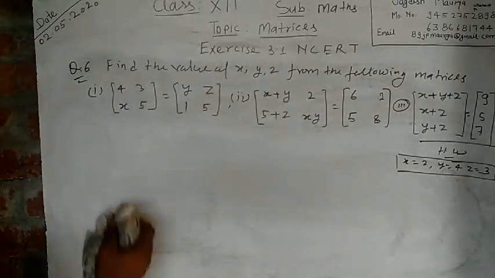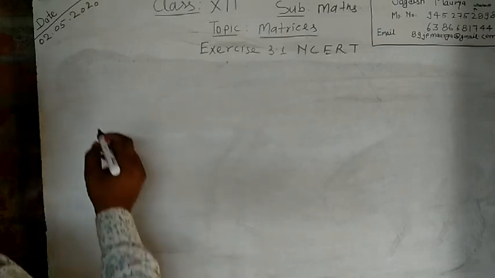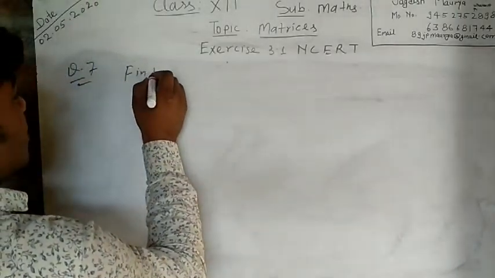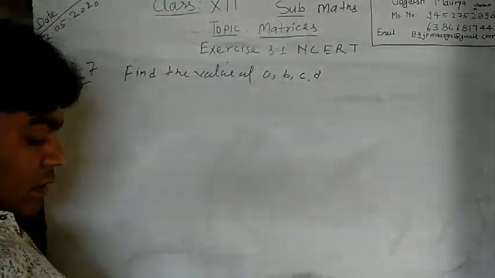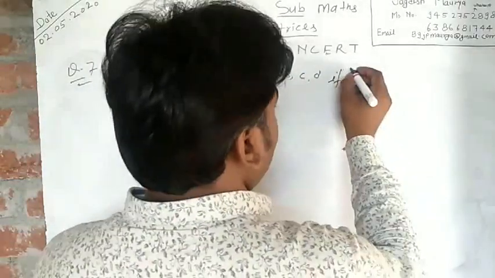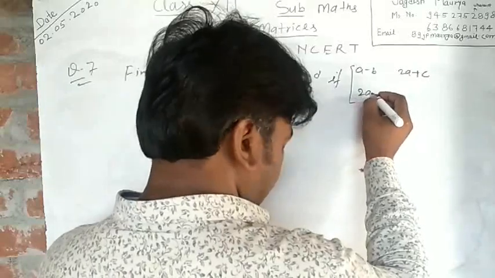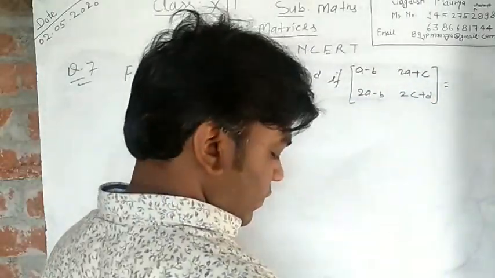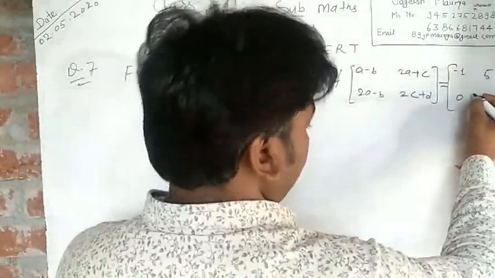Now question number 7. Question number 7 is to find the values of a, b, c, d if the matrix [a minus b, 2a plus c; 2a minus b, 2c plus d] equals [minus 1, 5; 0, 13].